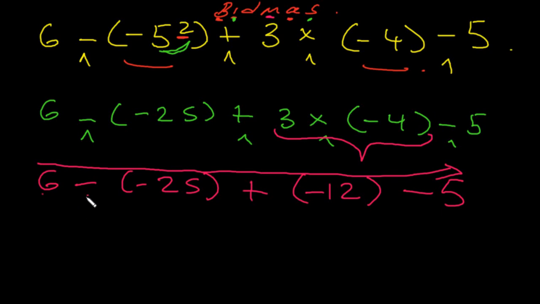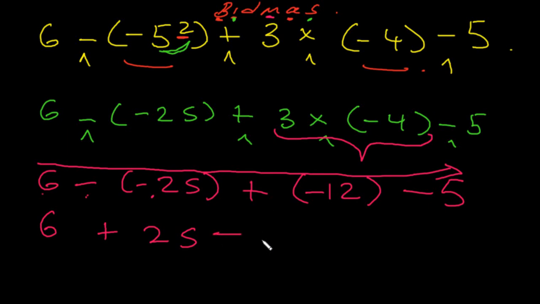Now we're subtracting, we're taking away a negative number. So if we're subtracting a negative number, it's equivalent to adding the corresponding positive number. So we actually have 6 plus 25. And here again, we're adding a negative number, which is equivalent to subtracting the complementary positive number.